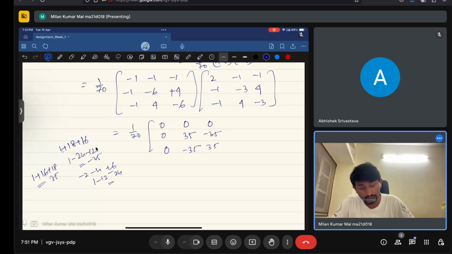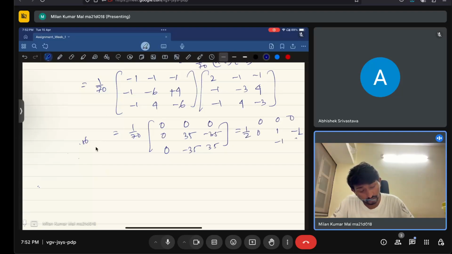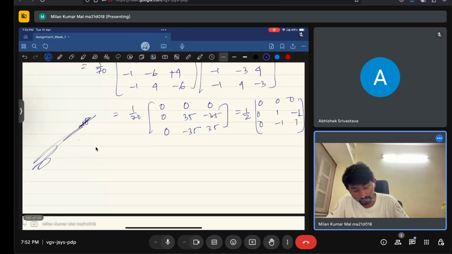So what will it be? It will be equal to 0 0 0 0 1, half, actually minus half, or I can write half outside. Half, 1 minus 1 minus 1 1 0.